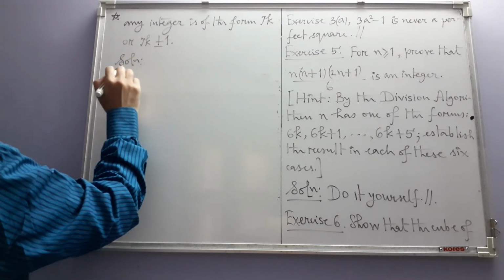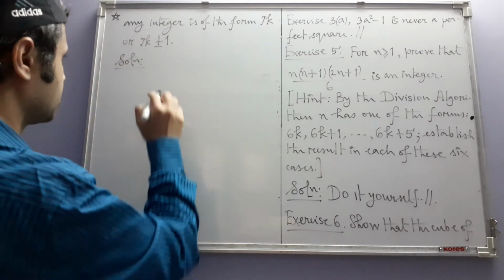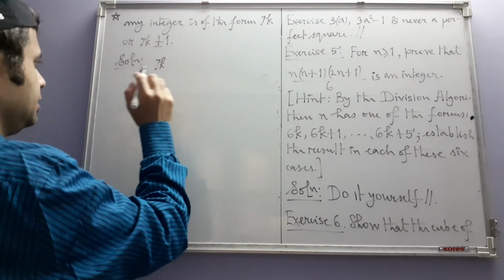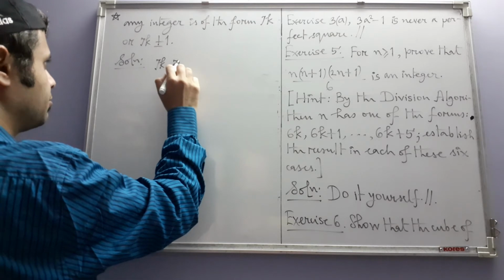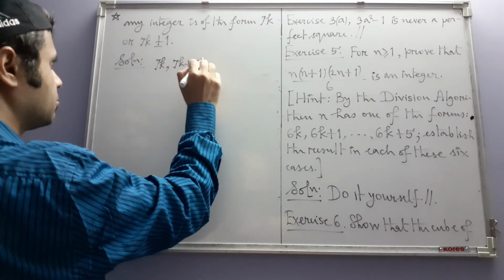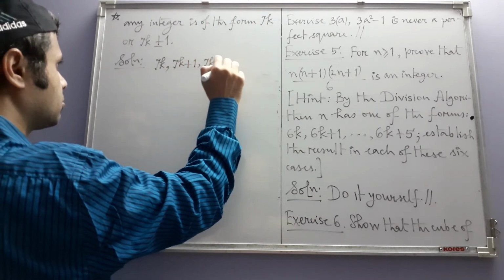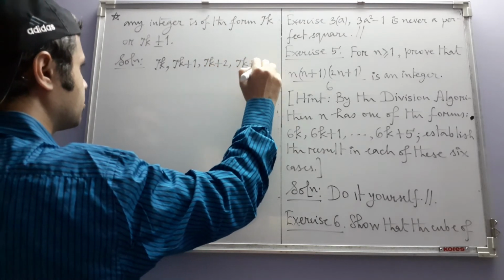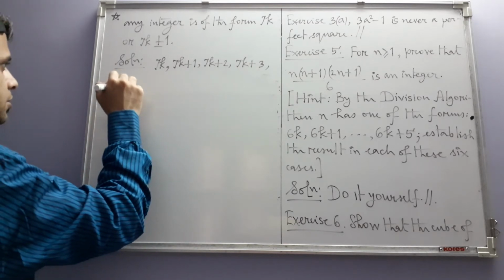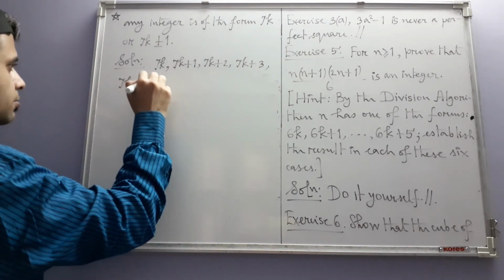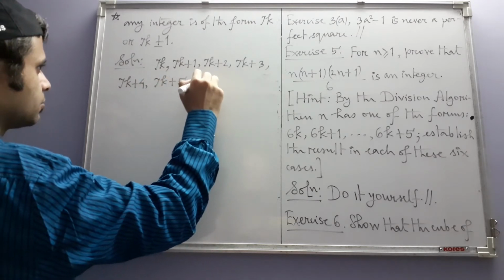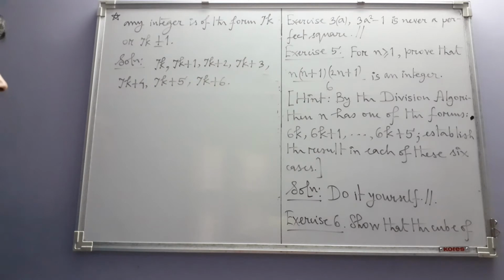We know what to do, so let's just do the calculation. Each integer is one of these 7 forms: 7k, 7k plus 1, 7k plus 2, 7k plus 3, 7k plus 4, 7k plus 5, 7k plus 6, and let's now calculate cubes of each one.